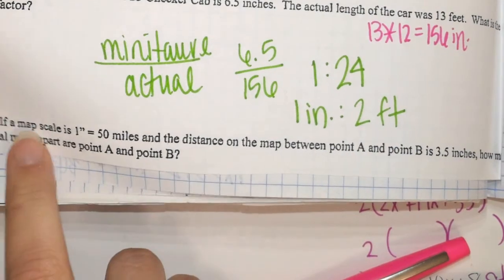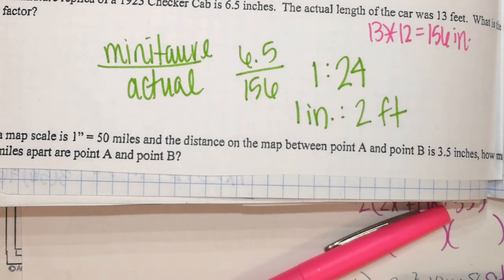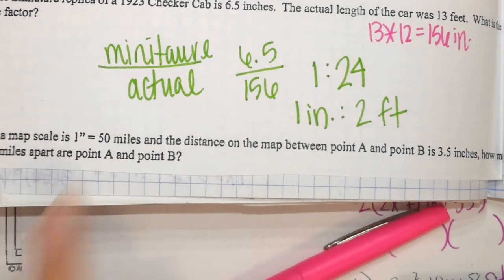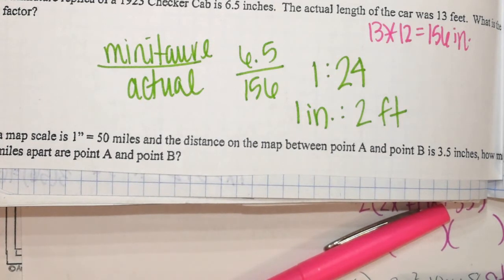All right, so if a map scale is 1 inch is 50 miles, and the distance on the map between point A and B is 3.5 inches, how many actual miles apart are point A and B? Now think for a minute, reread the problem to yourself, and focus, Christian, and then let's do this problem.